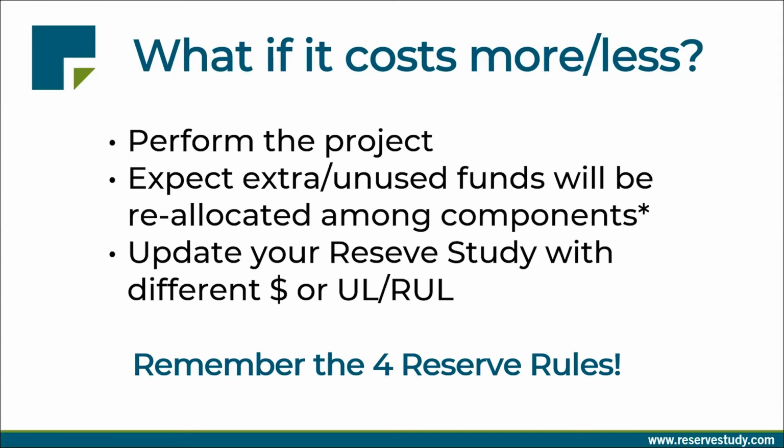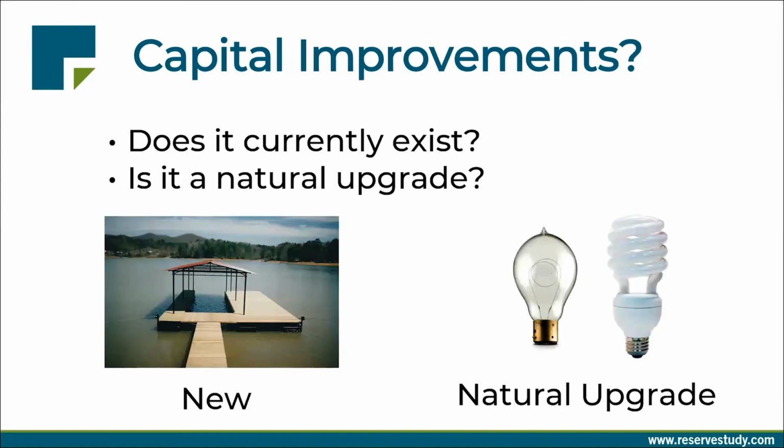So don't spend a lot of time worrying about it. Go ahead and spend reserves, get the project done, and protect the property. Taking care of the property is more important than following your reserve study document. And do what needs to be done, and remember the 4 reserve rules. Delayed projects often get expensive, and that just makes things more expensive for homeowners.